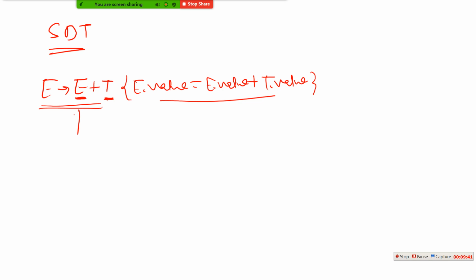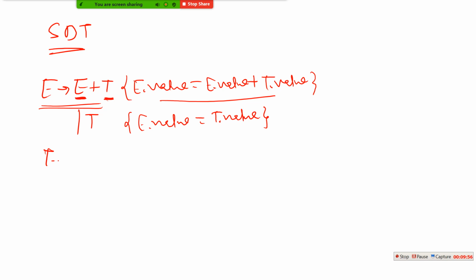One more SDT transition is E also deriving non-terminal T, and here we can simply say that E dot value is T dot value. This is the simplest transition.